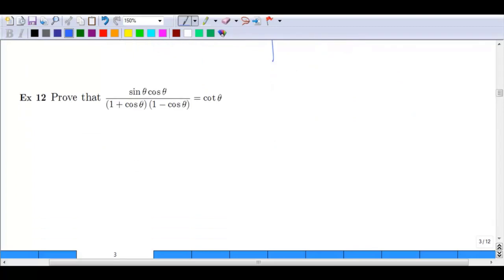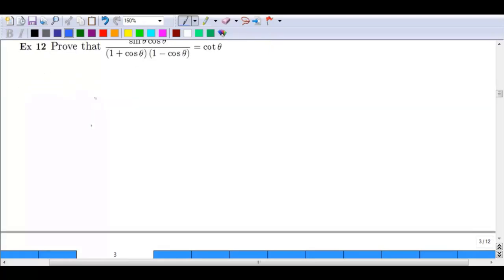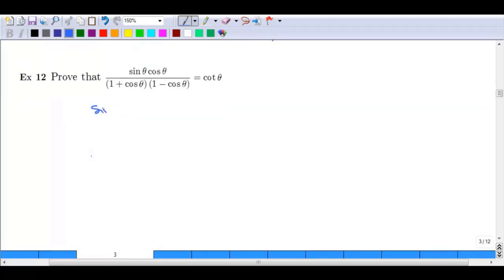In this next one, we actually want to go through and combine the denominator, multiply them through. Sometimes we factor, sometimes we multiply out. So if we do that, we have sine of theta times the cosine of theta. If we go through and multiply this out, again, this is difference of perfect squares, we end up with 1 minus the cosine squared of theta, which we know is a Pythagorean identity.